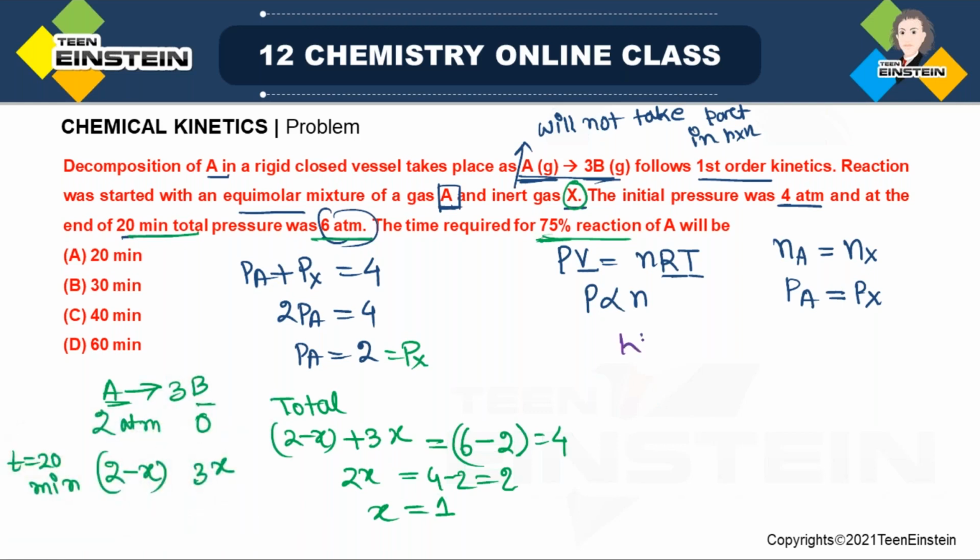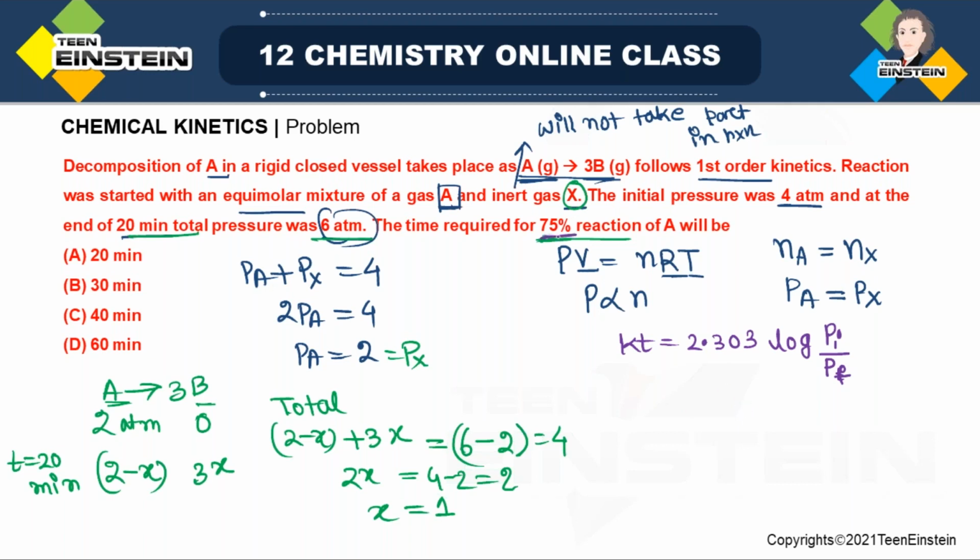We use Kt equal to 2.303 log of initial pressure. Here I will write pressure, not concentration. Pi divided by Pt, or better, since t means total, I write Pf, that is final remaining pressure. So this equation we have to use.